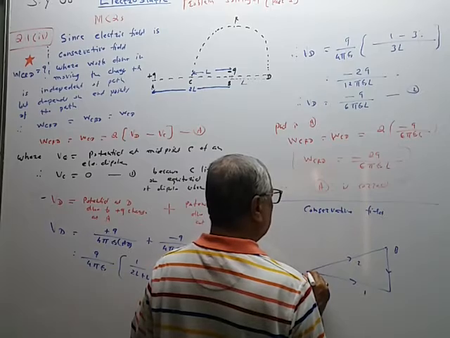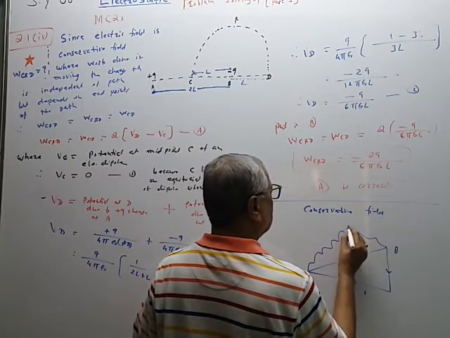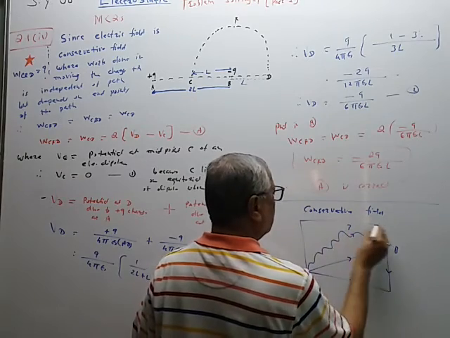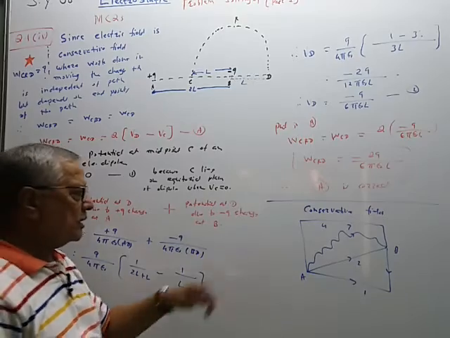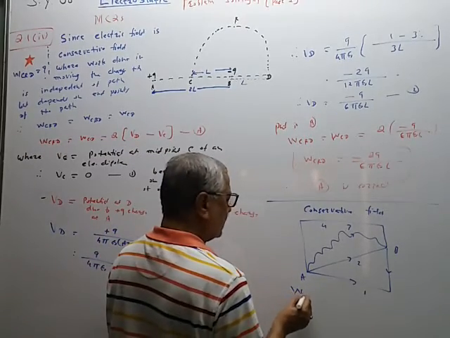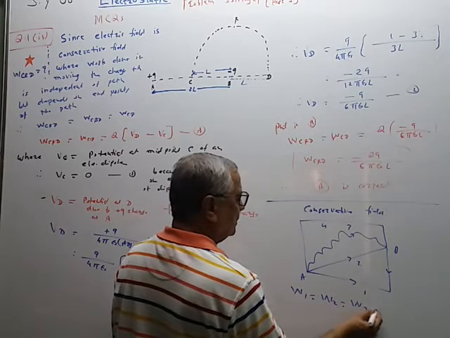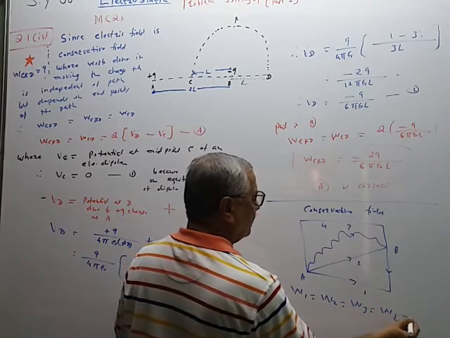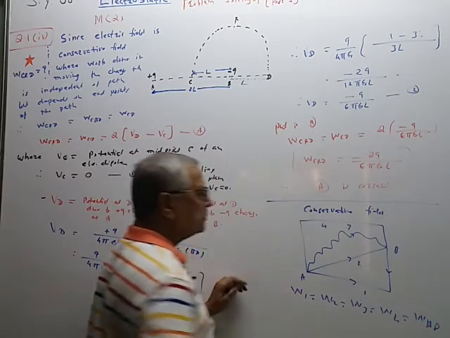It can be moved along this path, path number 3, or it can be taken along this path. So paths are different, but initial and final positions are equal. Therefore, work done along path number 1, 2, 3, 4 are equal, and that is equal to WAB. This is the property of the conservative field.